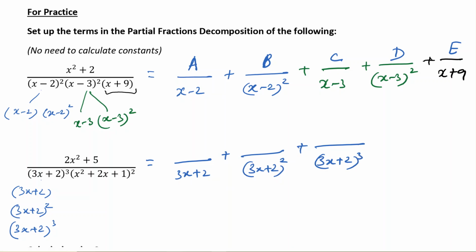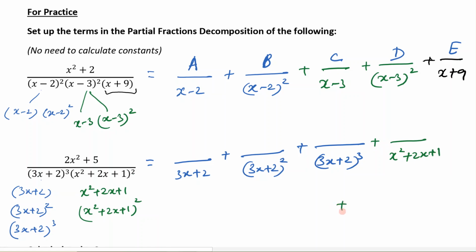For the quadratic one, the maximum power is 2, so it's the whole square of that. So we're going to have x squared plus 2x plus 1, and also x squared plus 2x plus 1 whole square. So we're going to get two terms corresponding to these factors.